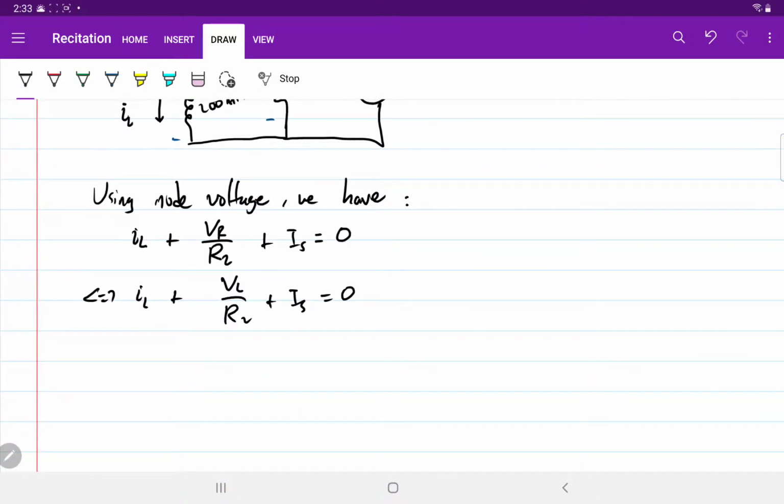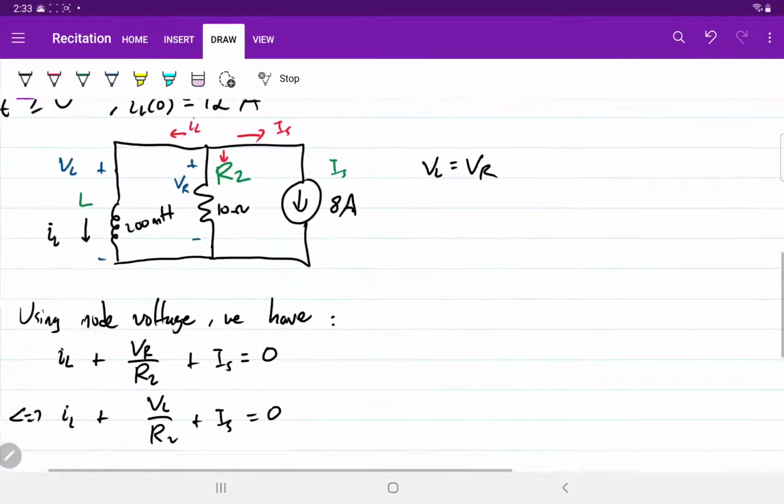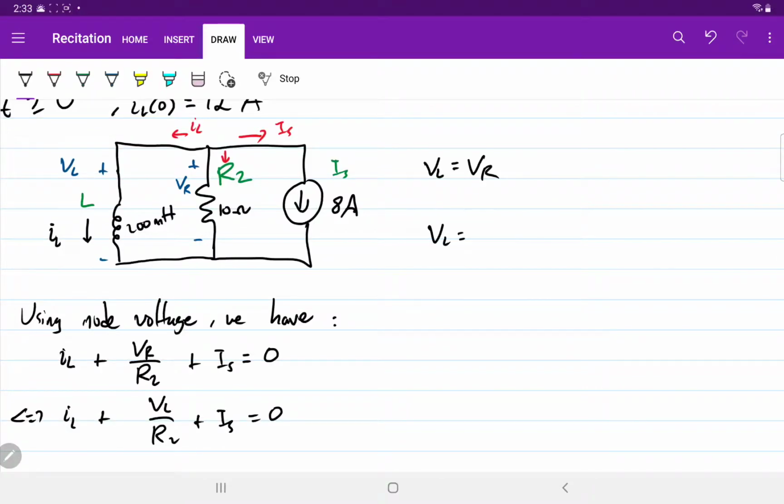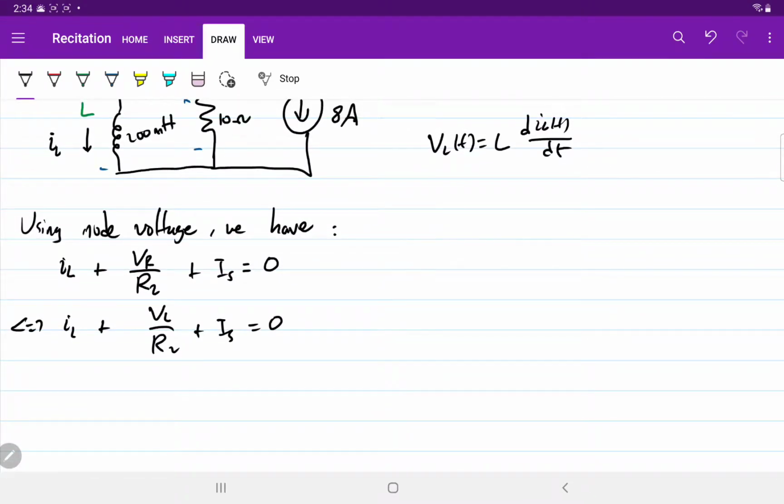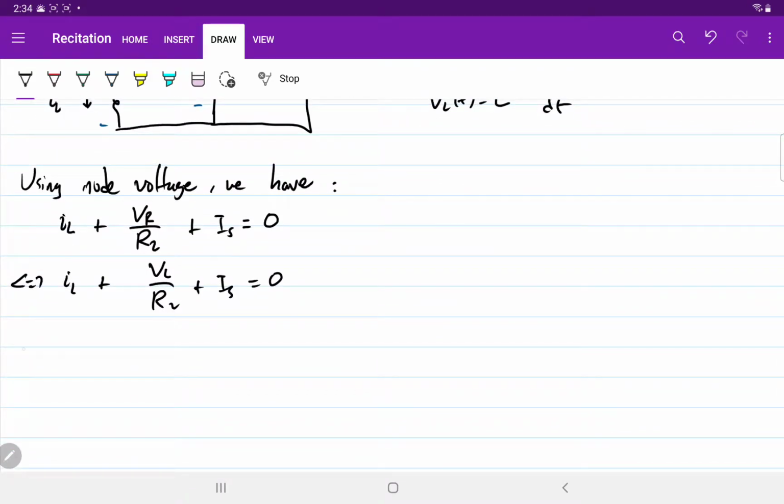Okay, but what is VL? We know that VL is the voltage across this inductor, and VL of t is L dIL of t over dt, because this is the formula for an inductor, so we can substitute that VL into this equation right here.